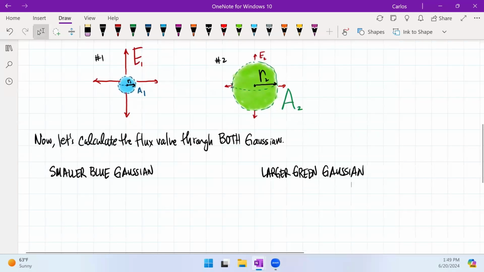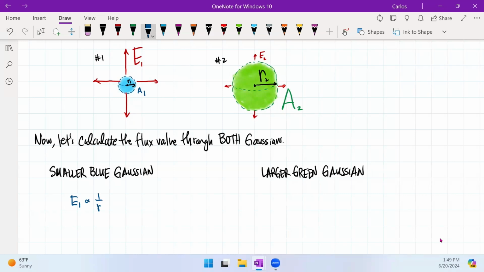So what do I know? I know that the electric field has to be proportional to 1 over r squared. Do I know whether it's a point charge? Of course I don't. But all fields go off as 1 over r squared, at least in theory. So then I'm going to say that I have E1 for the blue, and this guy's going to be proportional to 1 over r1 squared.